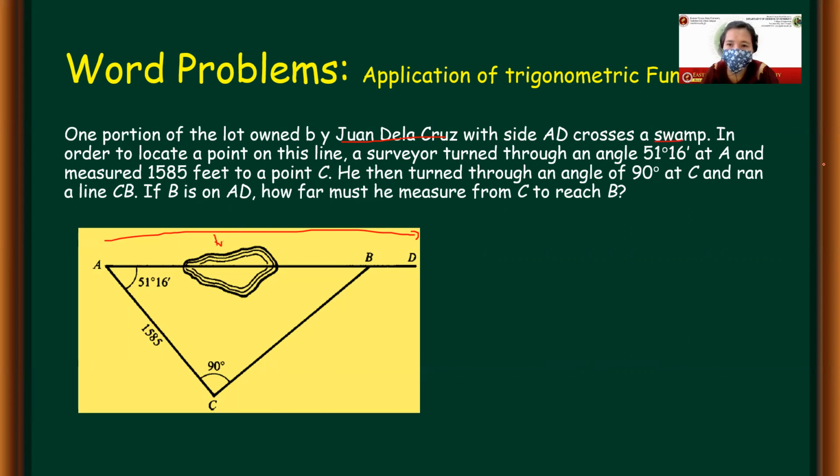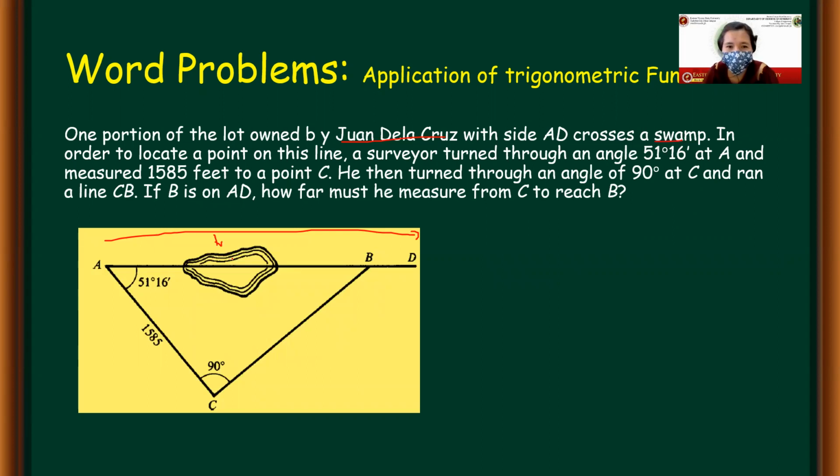So, in order to locate the point on this line, the GE cannot walk across line AD, because he would fall into the swamp. So, he needs to find a solution to determine the location of D without passing through that swamp.